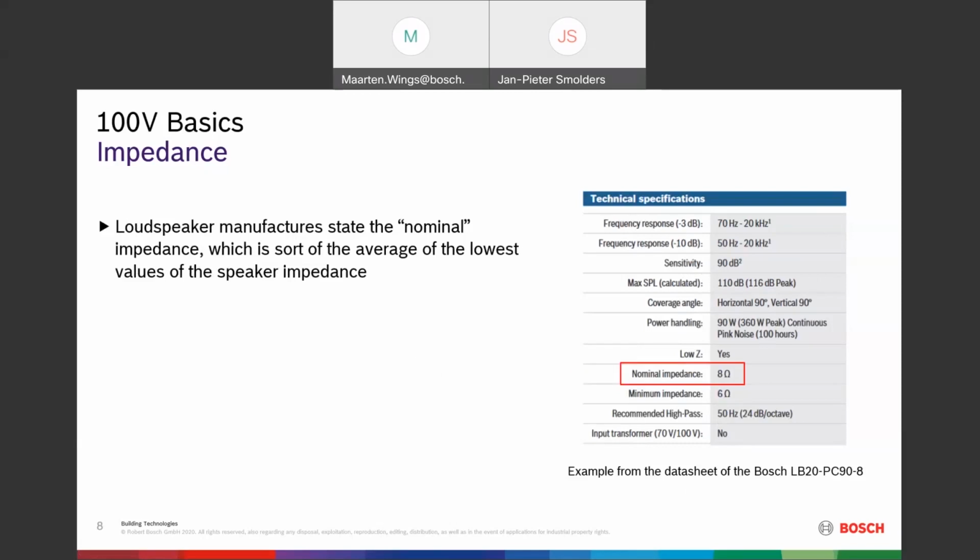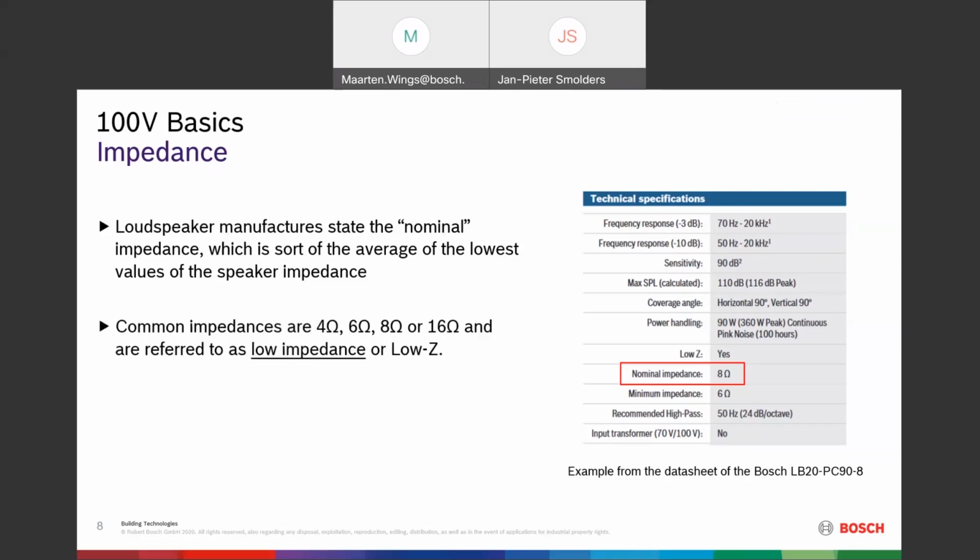The manufacturer of a loudspeaker will state the nominal impedance in the data sheet, like you see here on the right side. What does that mean? The nominal impedance is an average of the lowest values of that speaker impedance. Like we have seen in the previous sheet, the impedance of a loudspeaker changes, so it's not the same at all frequencies. So they take the average of the lowest values of that speaker.